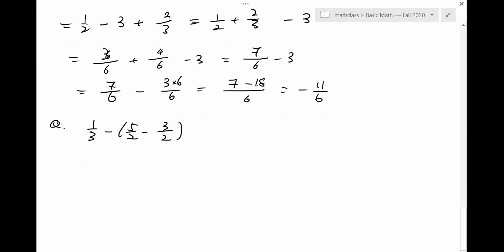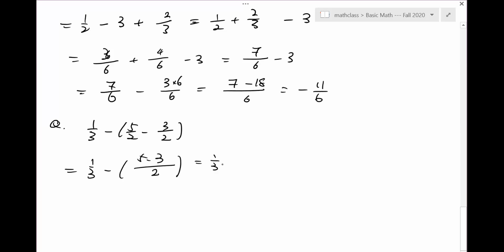Okay. Now, when you look at this, you have a couple of options. You can remove the parentheses first, then you combine them, right? But in this case, I think I should do the subtraction inside the parentheses first. It'll be 5 over 2 minus 3 over 2, right?